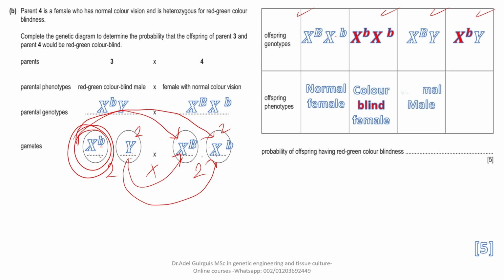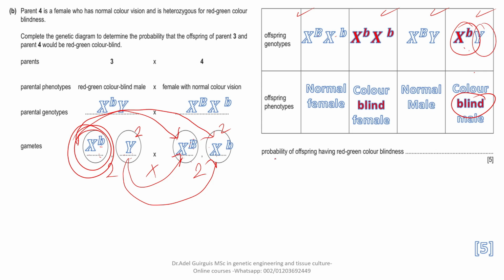Here a normal male, XP capital Y. Here XP small Y is a color blind male. From where does this XP small come in this color blind male? From his mother. His mother is responsible for transmission of the inherited trait carried by the X chromosome. Y is not responsible for this character.